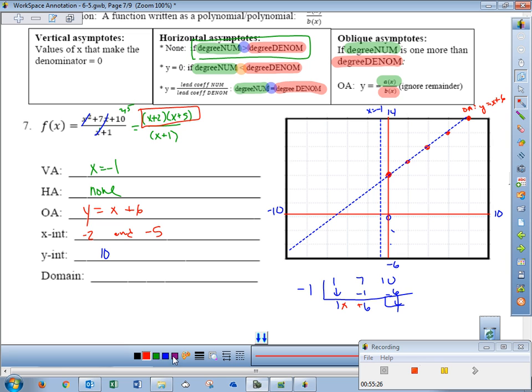I've graphed him. X-intercepts and y-intercepts are left. X-intercept at -2, so -2, 0. And at -5, so 2, 4, 5.